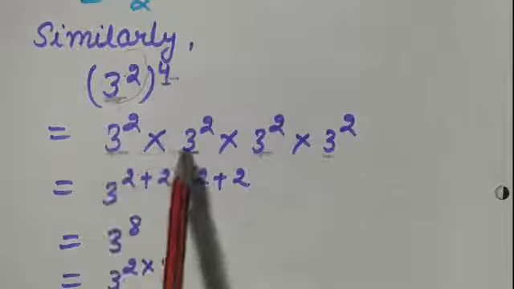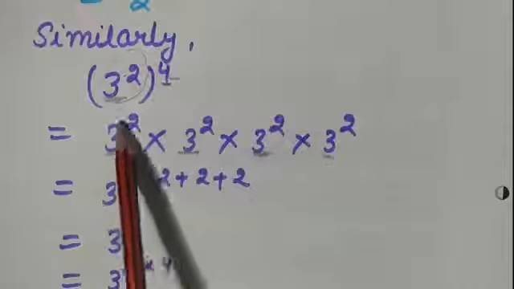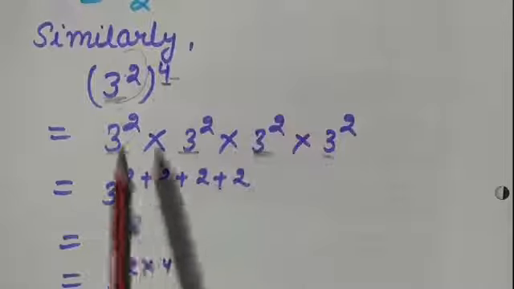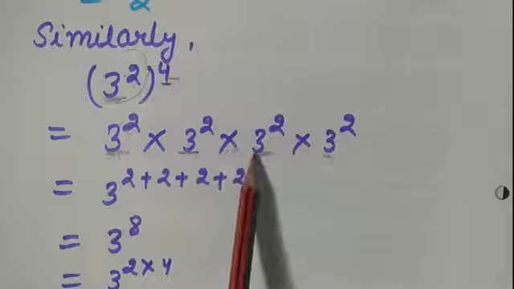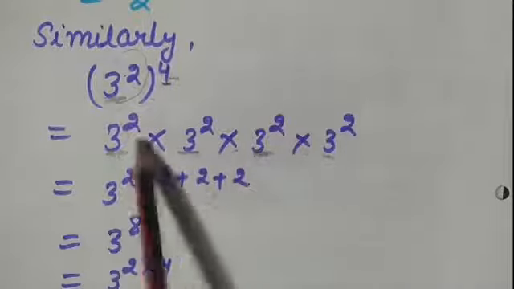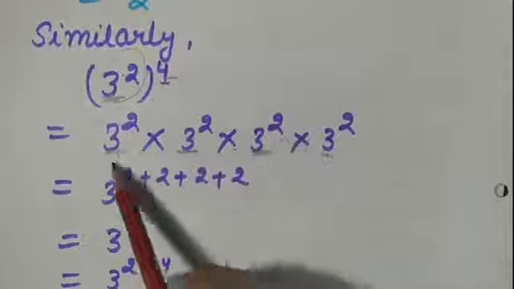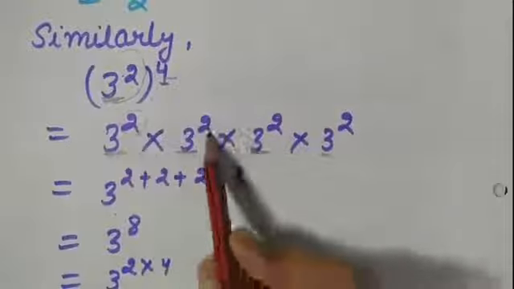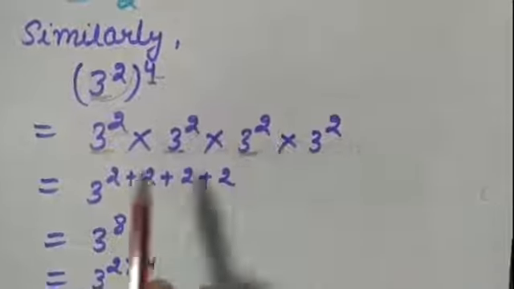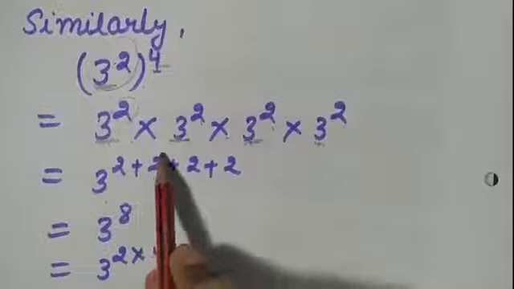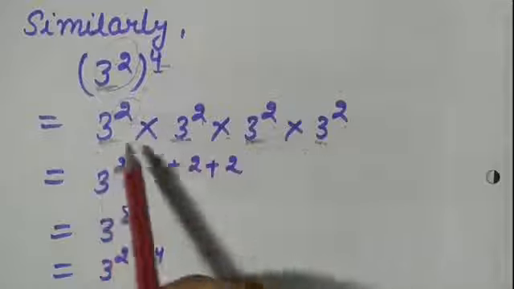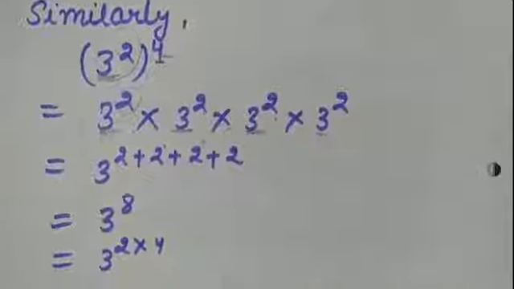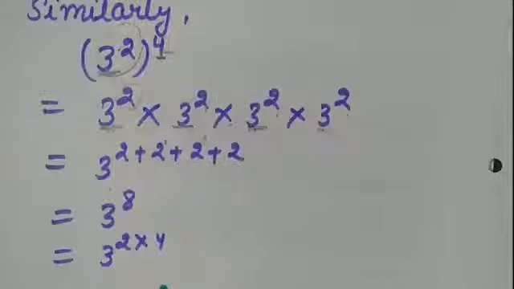Here we have 4 exponential numbers, and in between we have the multiplication sign. So the powers get added: 3 raised to the power 2 plus 2 plus 2 plus 2. Here we are given 4 exponential numbers, so we can apply the law of exponent.